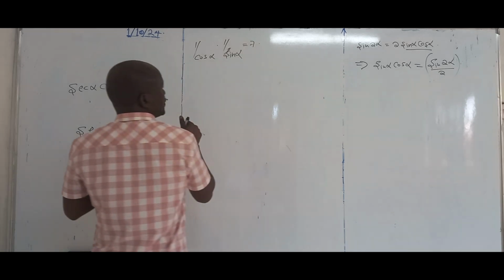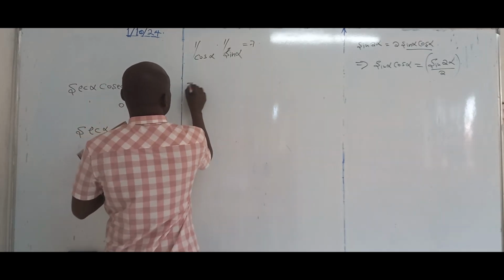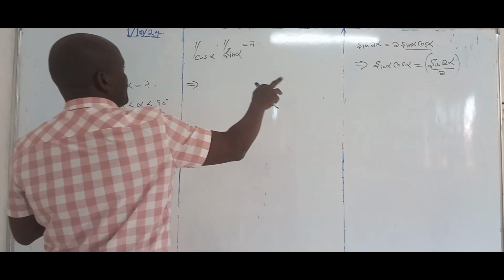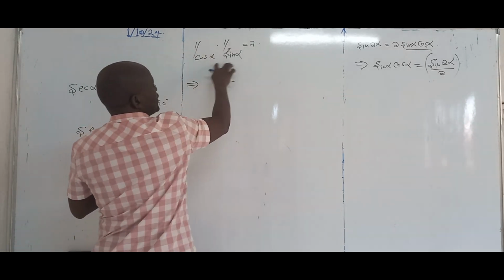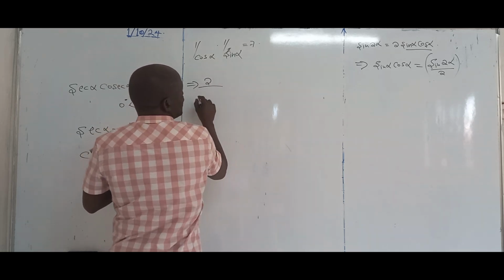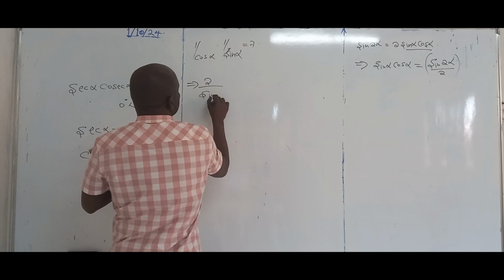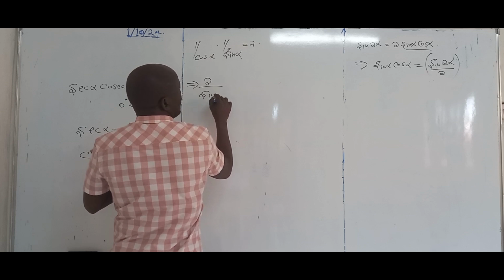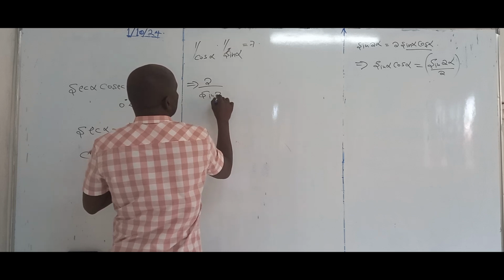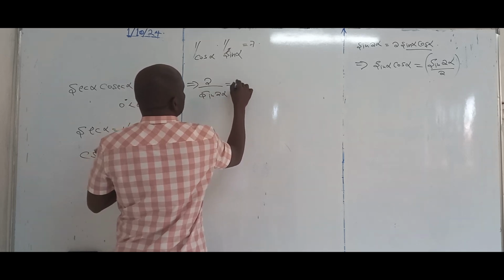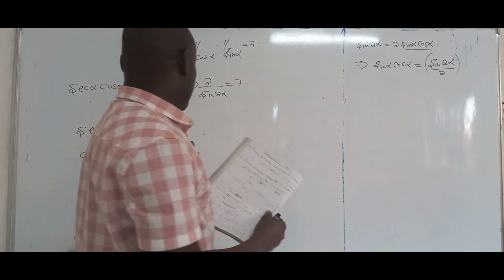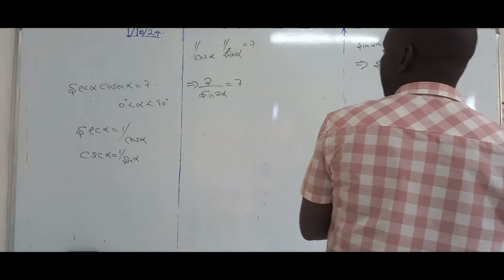So the expression 1 over sine alpha cos alpha is the reciprocal of that, which will now be 2 over sine of 2 alpha, and that should give us 7.